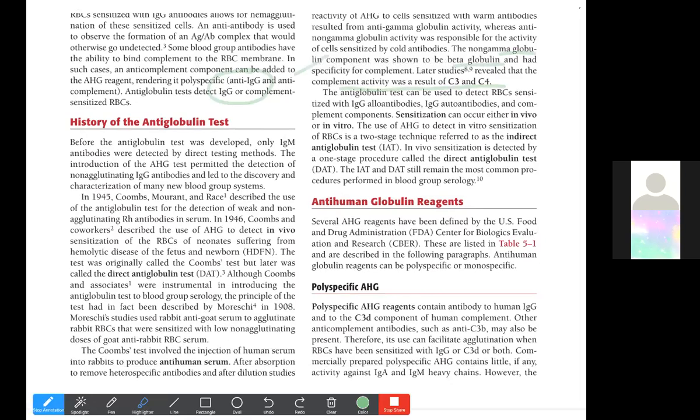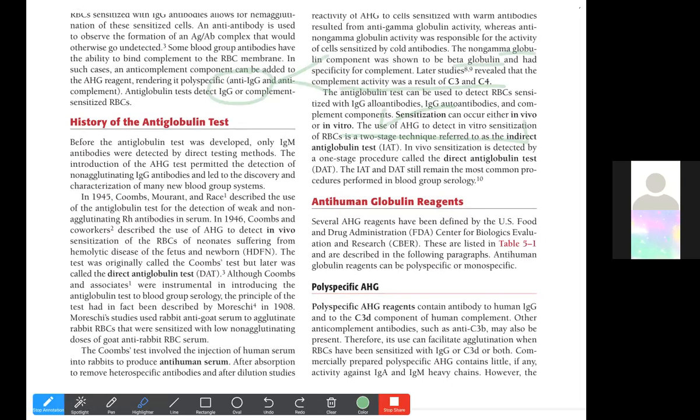So it can react with IgG and with complement, and it can detect allo antibodies and auto antibodies. Sensitization can occur in vivo or in vitro, so even if they are bound to the RBCs, or if they are lying in the serum, they can be detected.